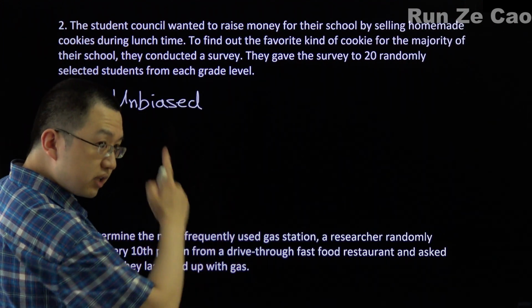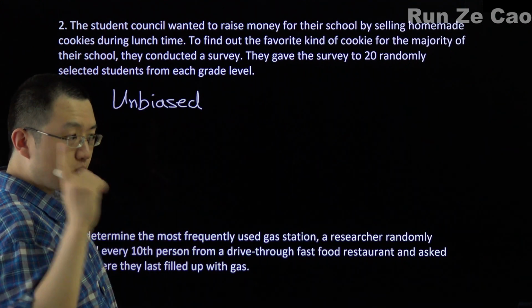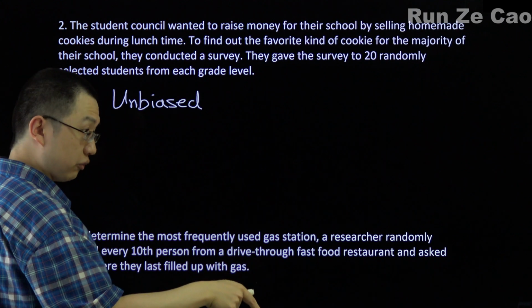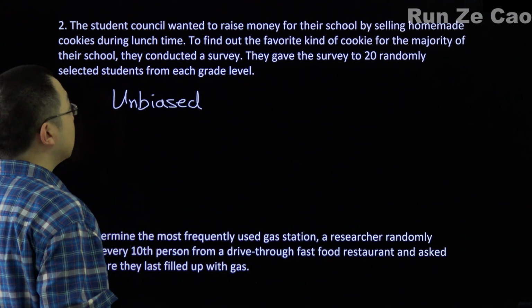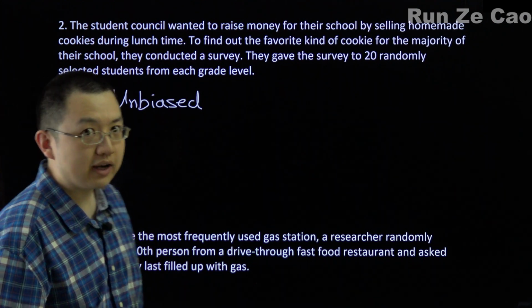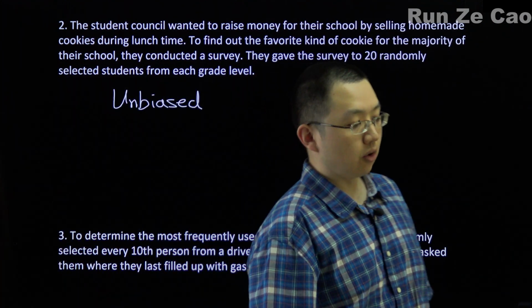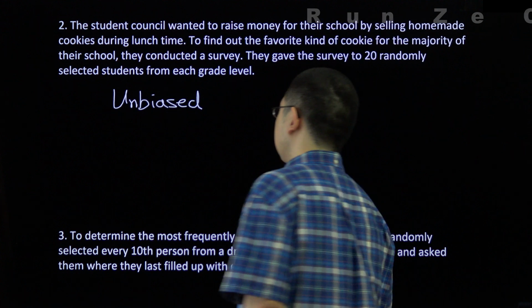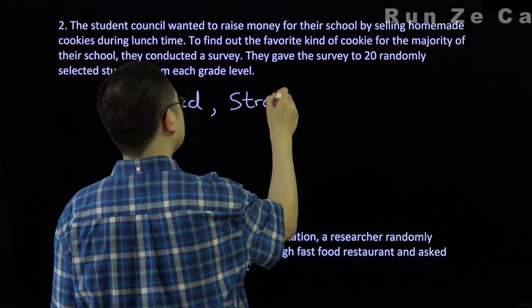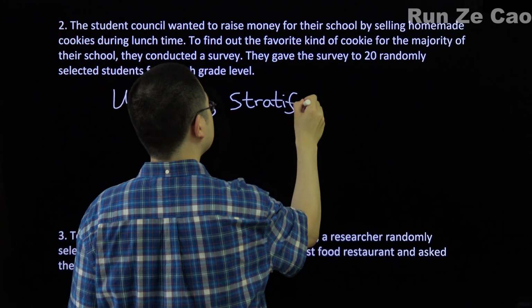If you took the results you collected and took a weighted average by the number of people in each grade level. Because if it said they gave the survey to 5% of the students from each grade level, that would be totally unbiased. This is still stratified random, technically.